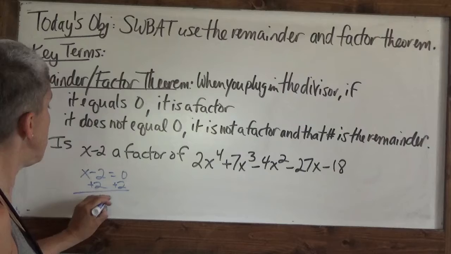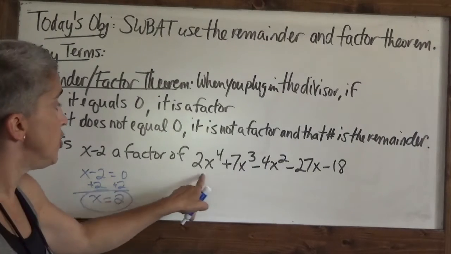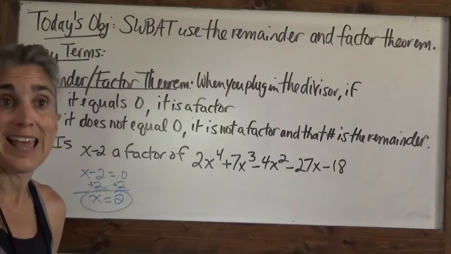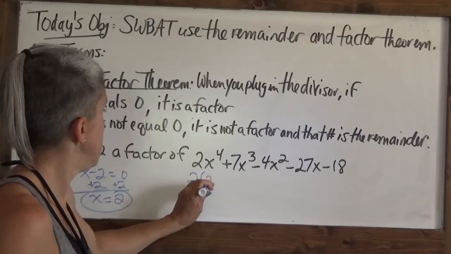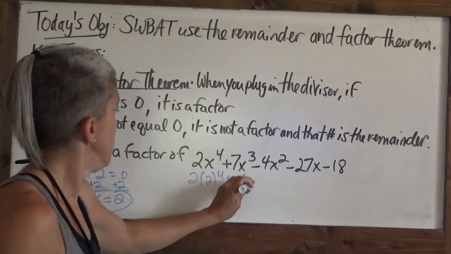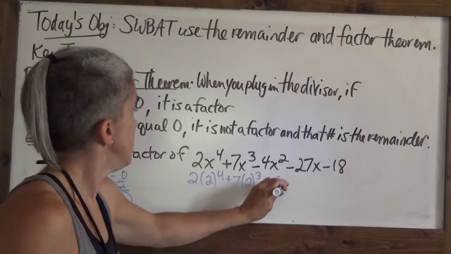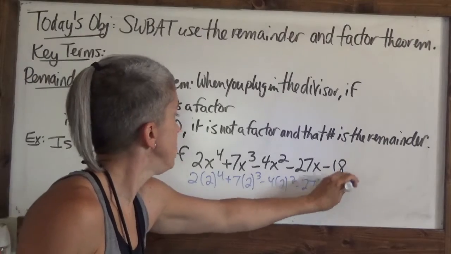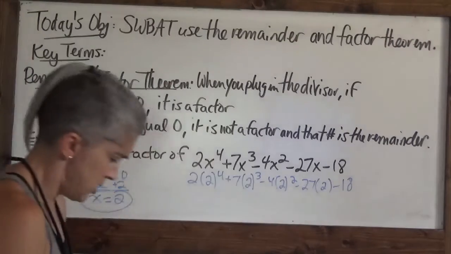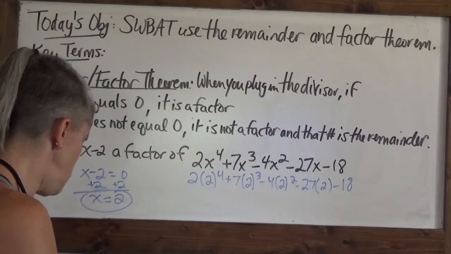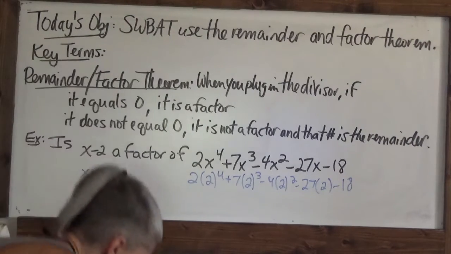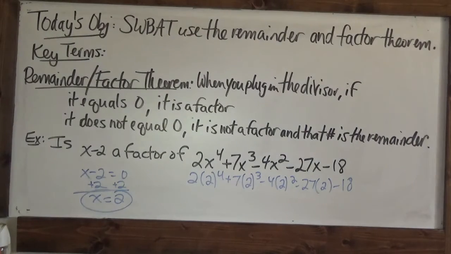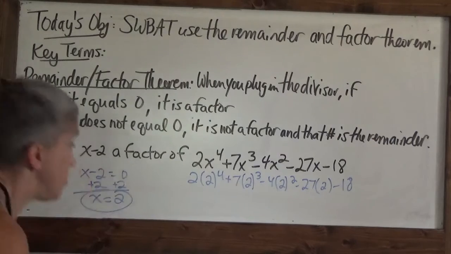So the number I'm actually plugging in is the number 2 in this big equation wherever you see an x. I'm going to substitute that in, and work this out using order of operations. Definitely use your calculator here. So here I've got 2 to the 4th times 2. I get that to be 32.